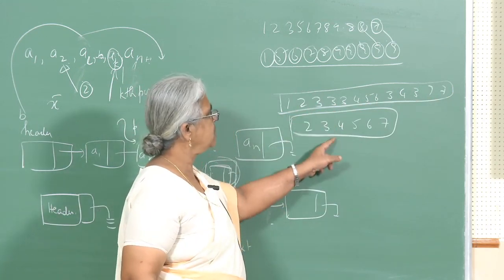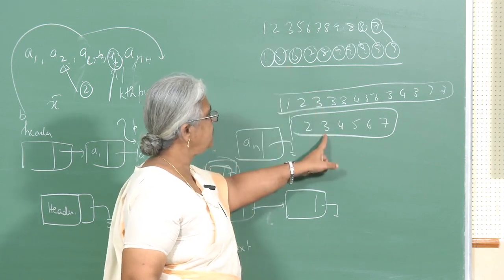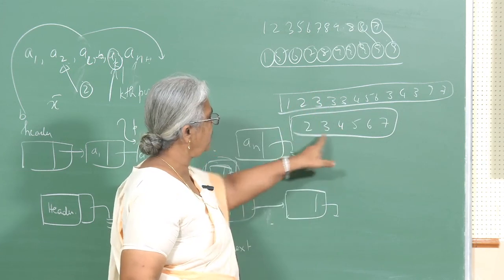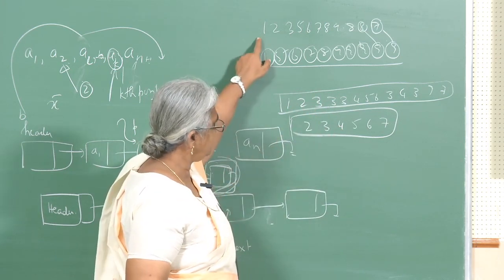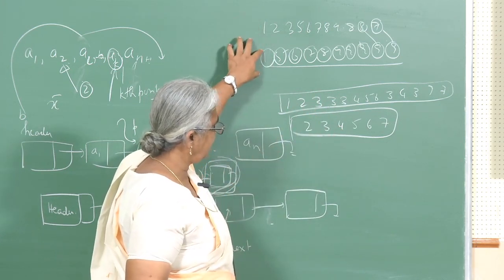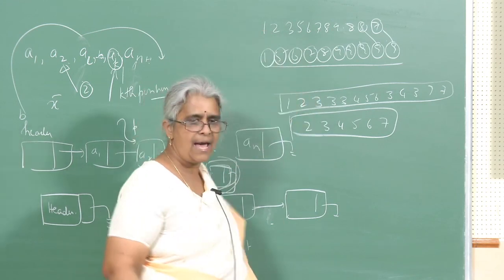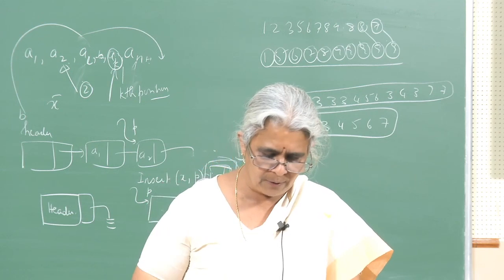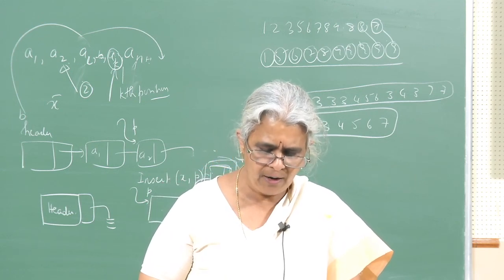Just using the list operations, given that these are the elements in the list, I want you to come up with this. Similarly, I have two lists which are given like this, and I want you to perform the arithmetic. So let us see how you can do this, okay, and also converting an unordered list to an ordered list.